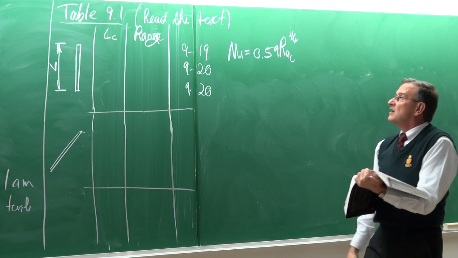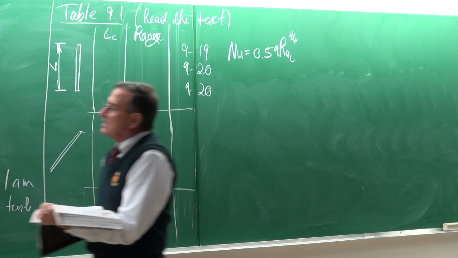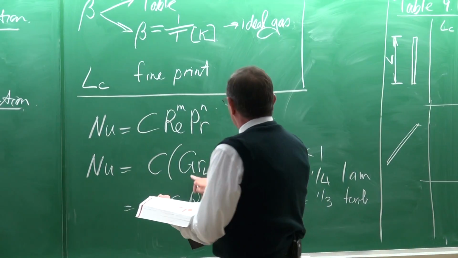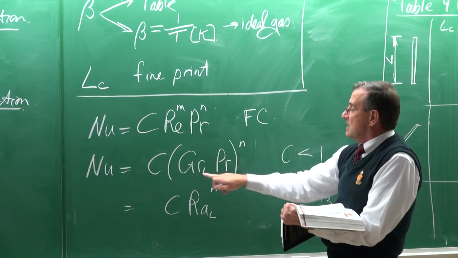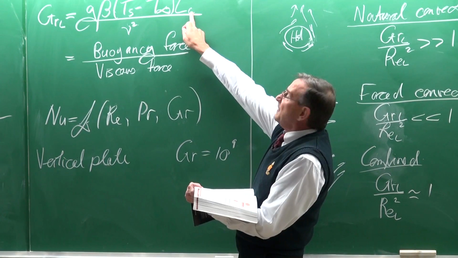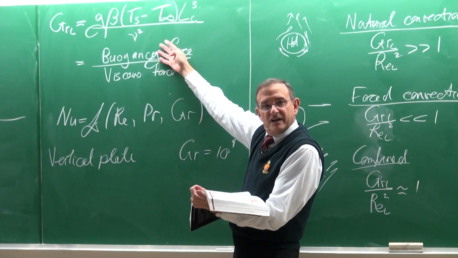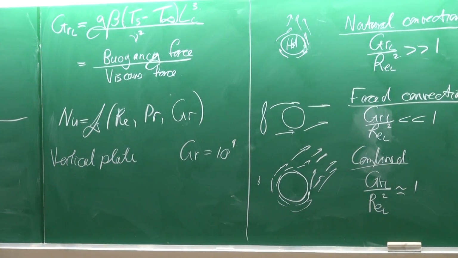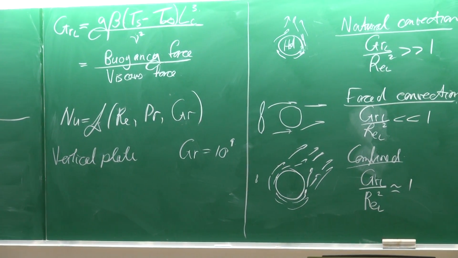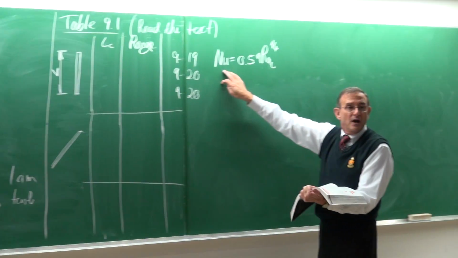Okay. So the Rayleigh number is the Grashof number multiplied by the Prandtl number. The Grashof number you have to calculate like that, and they tell you the characteristic length is the length of the plate. So it's very easy to go and calculate it. To calculate firstly the Grashof number, then the Rayleigh number, put it in here, you can get the Nusselt number.